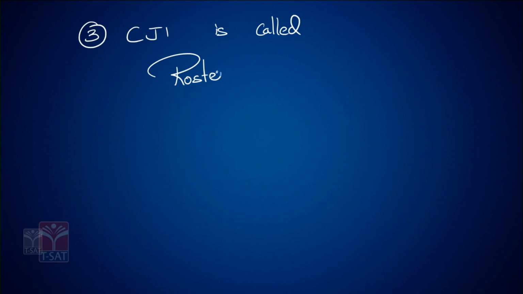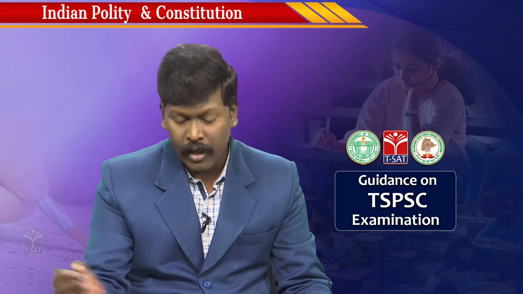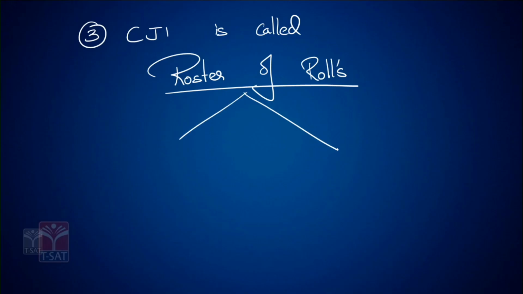The third important point is that the Chief Justice of India is called the master of the roster. Why is he called the master of the roster? For two important reasons.